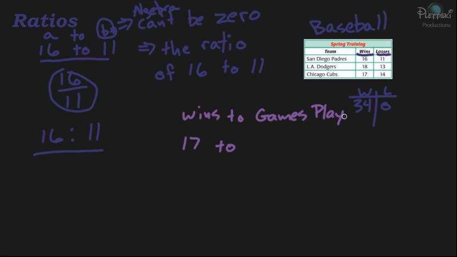They won 17 times, and for the total number of games played, you have to add the wins and the losses to get the total. So you do 17 plus 14, which is 31. So it'd be 17 wins to 31 games played. You could write it as 17 to 31, or you could also write it as 17 to 31 that way.